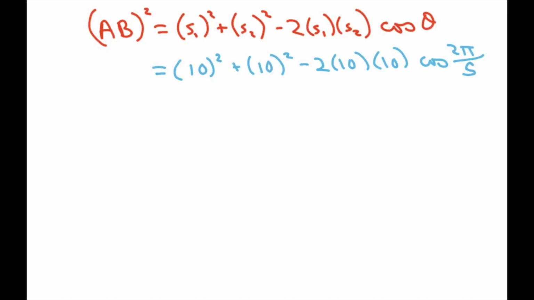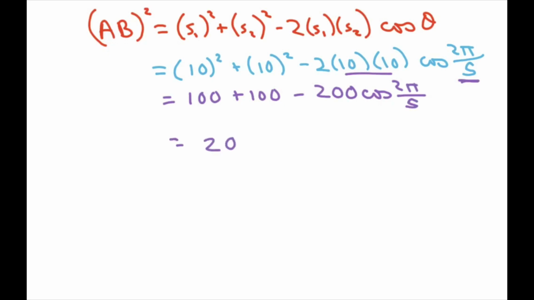Now remember, when you put this in the calculator, you're going to want to have your calculator in radians, because this is 2 pi divided by 5 radians. So let's simplify this more. It's 100 plus 100 minus 2 times 100, 200, cosine of 2 pi over 5. So again, this will be 200 minus 200 cosine of 2 pi over 5.